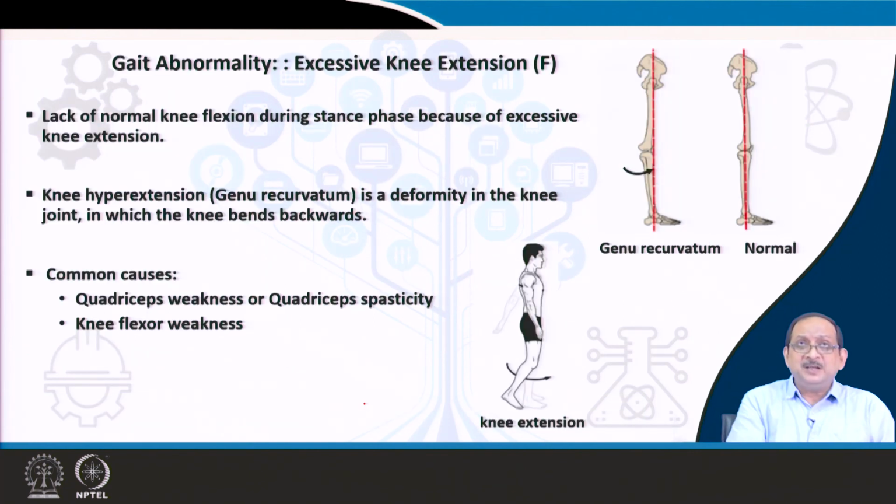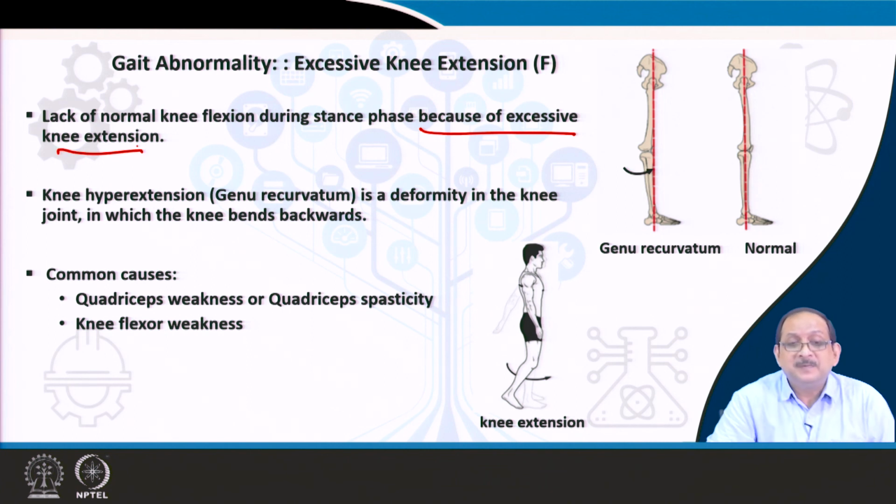We come to the final form of gait abnormality, which is due to excessive knee extension. The lack of normal knee flexion during stance phase because of excessive knee extension is the cause of this form of gait abnormality.